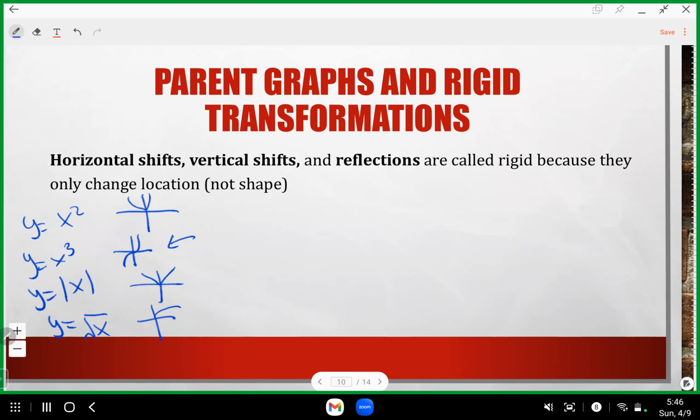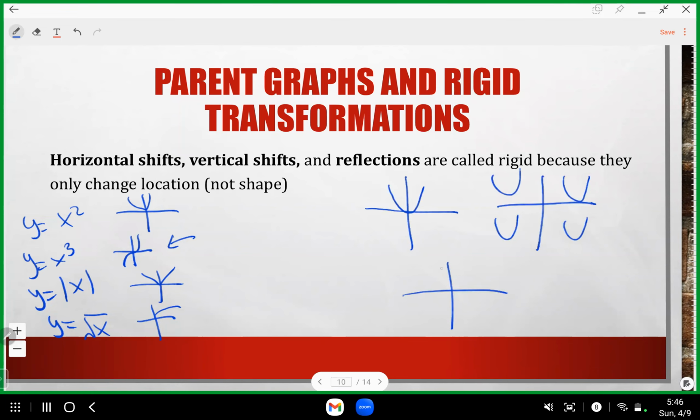Meaning that a rigid transformation of, let's say, a parabola would be changing where it is, whether it's here, here, or here. That's a rigid transformation. A non-rigid transformation would be changing its shape, like making it wider or thinner.